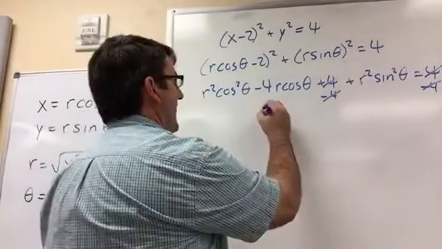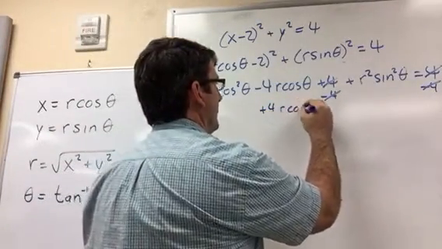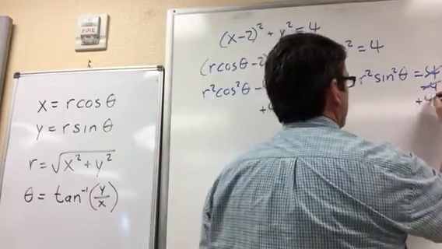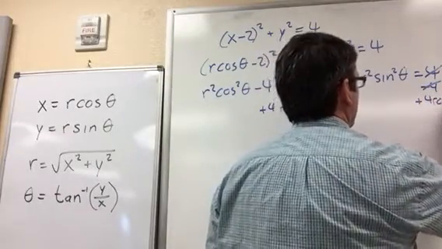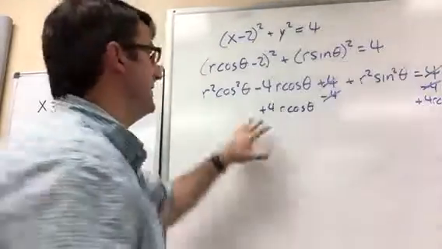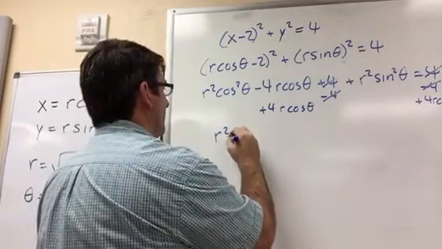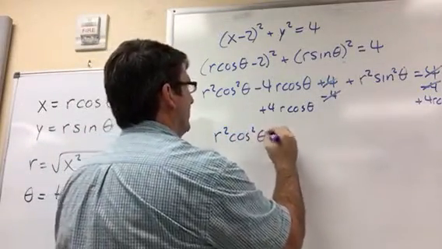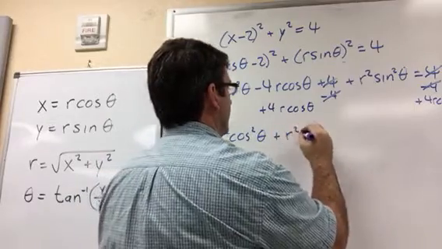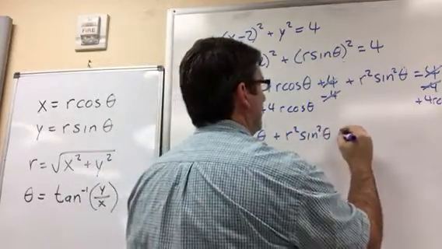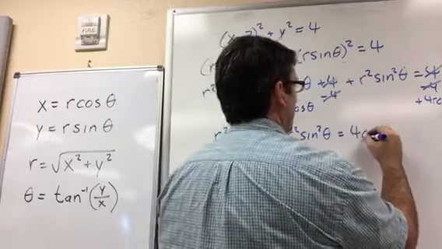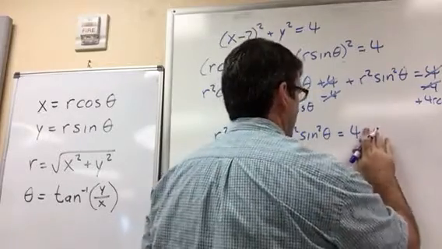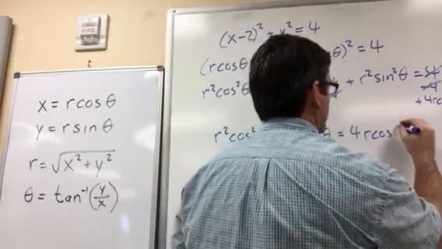So if we add 4r cosine theta to both sides, then we get r squared cosine squared theta plus r squared sine squared theta is equal to 4r cosine theta.